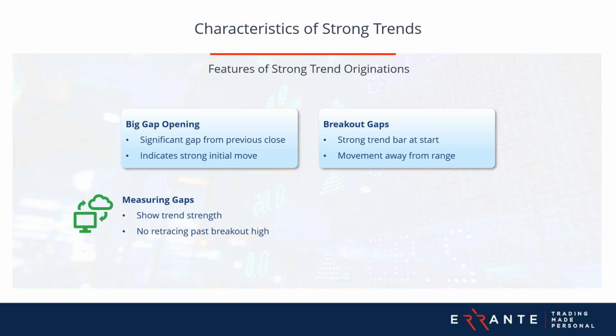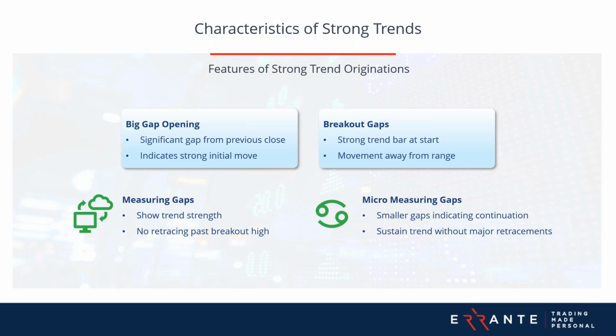Let me mention that measuring gaps are a powerful tool for traders because they provide a clue about the extent of a trend's move, allowing for a strategic placement of entry and exit points based on the projected continuation of a trend.